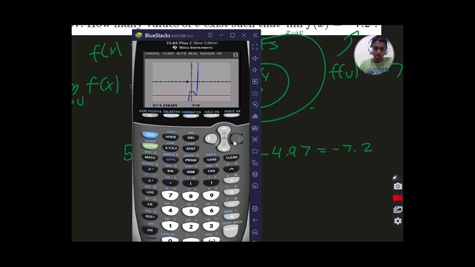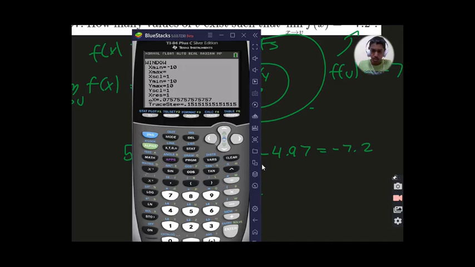So I'm going to use this little point thing that I can move around to guide my window. So maybe I'll go from minus 1.2 to 1.9 on the x side.